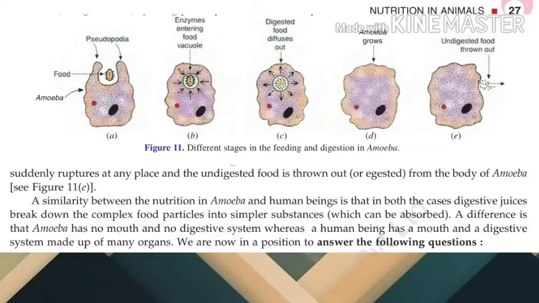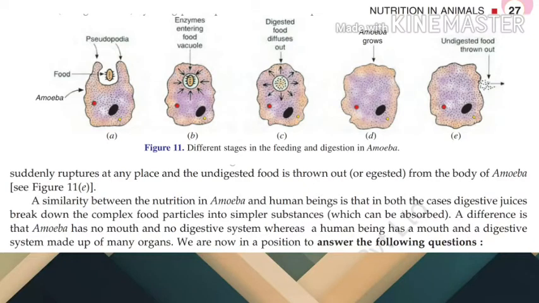Dear students, here the 5 diagrams of amoeba show the 5 stages in the process of nutrition. Figure A represents ingestion. Figure B represents digestion. Figure C represents absorption. Figure D represents assimilation.